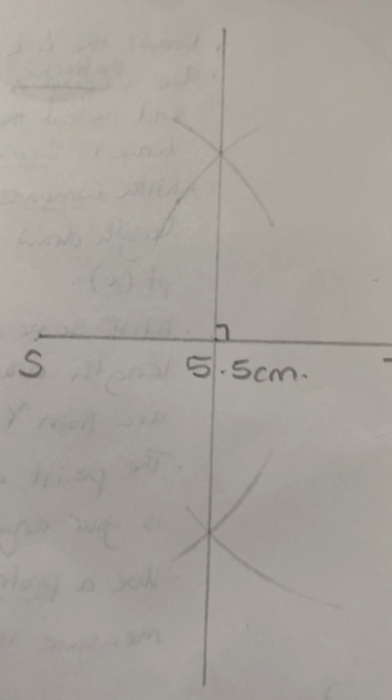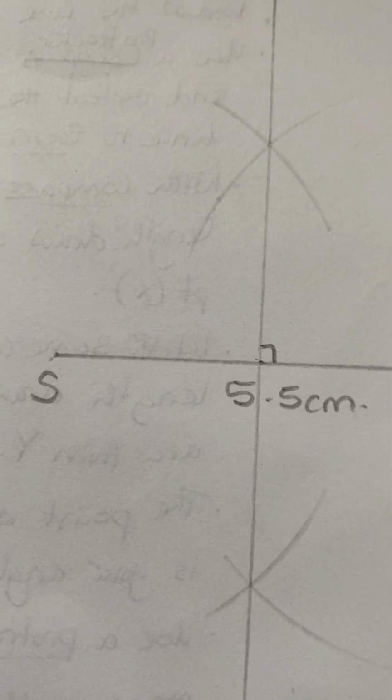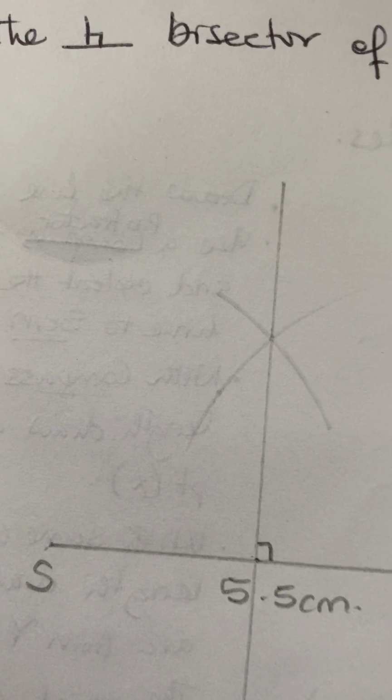So here is the line, 5.5 centimeters. Again, as I showed you yesterday, you use the ruler and measure the line. So this is the ruler. I'm going to measure 5.5 here.